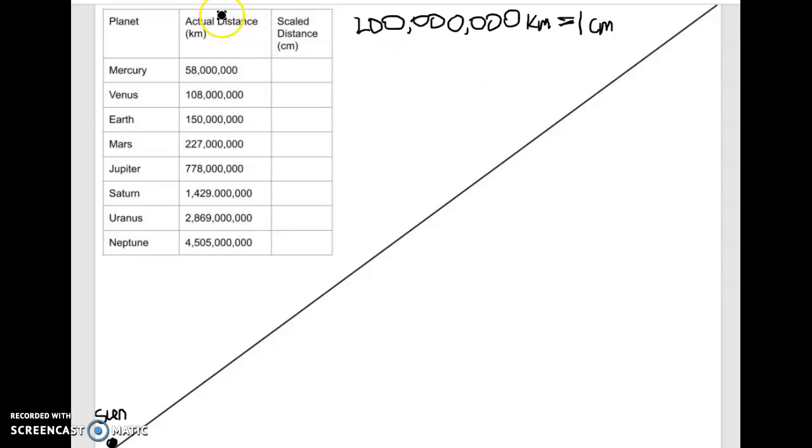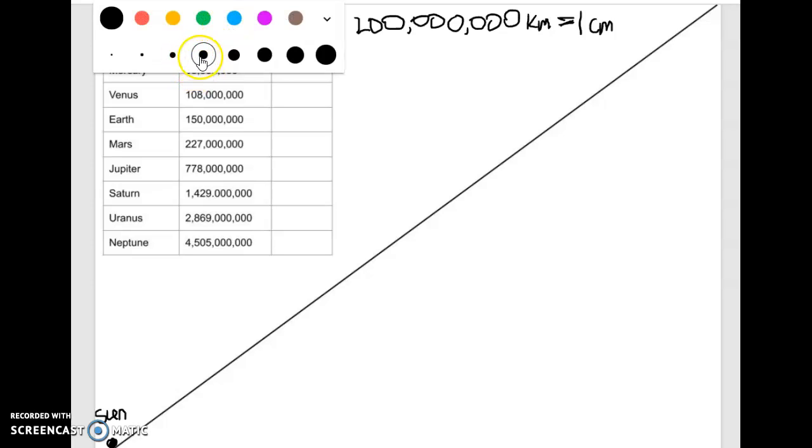And literally that means that we are just going to take the actual distance of the planet to the sun and divide it by our scaled distance in order to get how many centimeters away we are going to draw this. So for example, here's what we need to do.